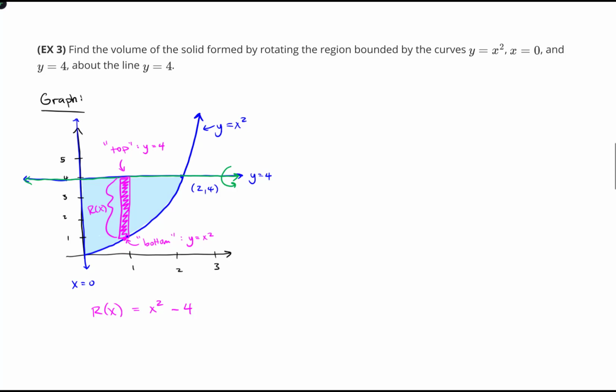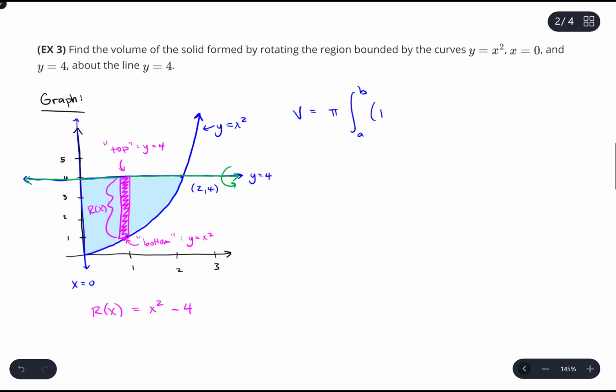It actually doesn't make a whole lot of difference here in the disk method. And the reason why is when we go to set up our volume, of course it's pi times an integral from a to b of our function defining the radius of rotation squared, and we've chosen dx. All right, we had to do dx because we're rotating around a horizontal axis, so we have to be perpendicular to that to use a disk method.